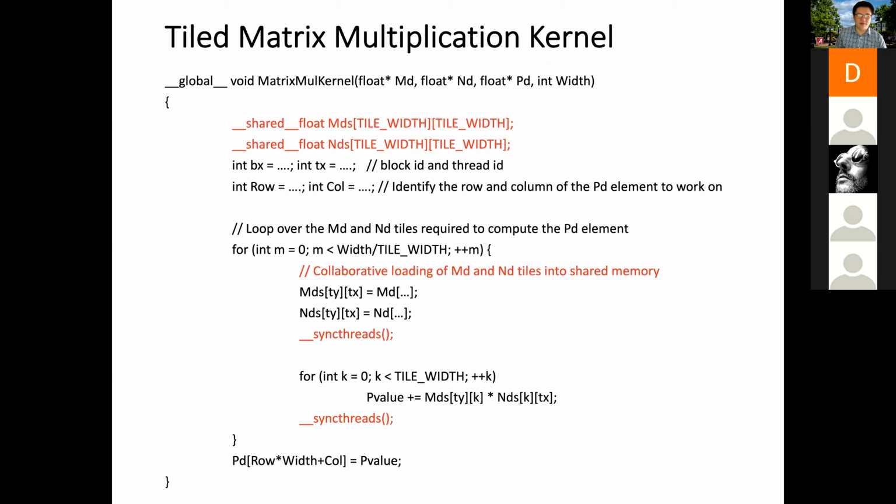You can define a matrix multiplication kernel as a global function, which means this function can be called from the host. At the beginning, you define the shared memory variable.